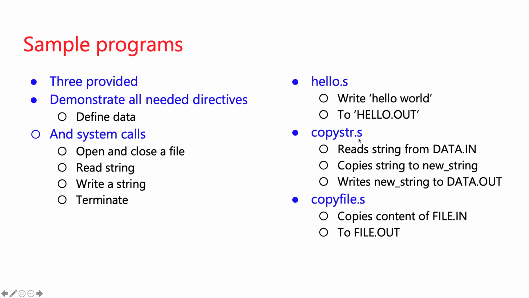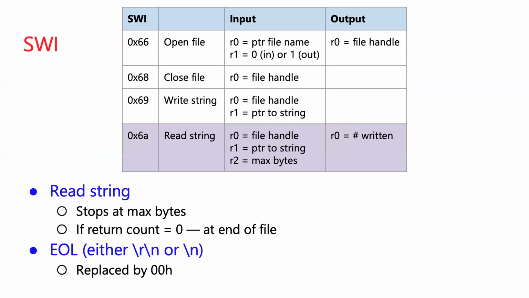There's a copy string that reads a string from a file and writes it out. And there's also a copy file that'll read, I think, the entire contents of a file and write it out to an output file. So these will give some examples of data declarations, of ARM instruction sets, and backing up several slides, this stuff.